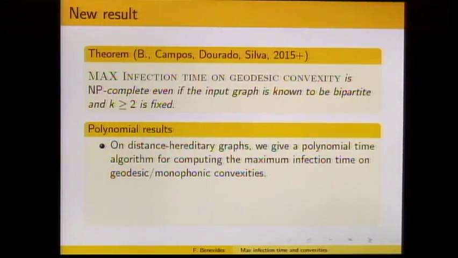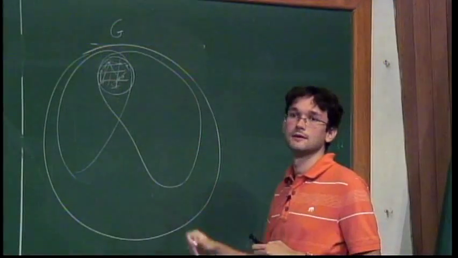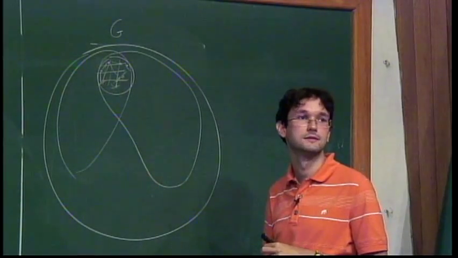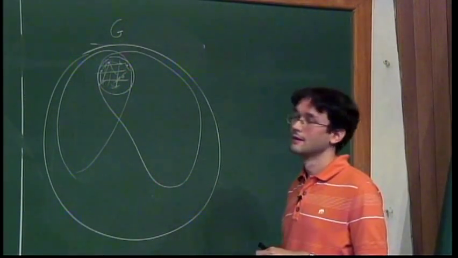What happens is that no shortest path can cross this clique from one side to the other. That's the general idea. If you know how the infection spreads on one side and how it spreads on the other side, we can combine them and discover how the infection spreads in the whole graph.